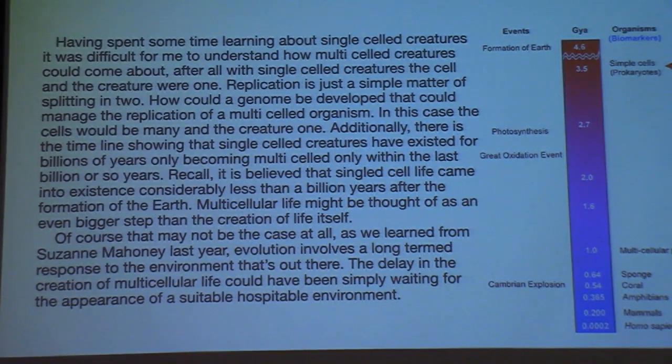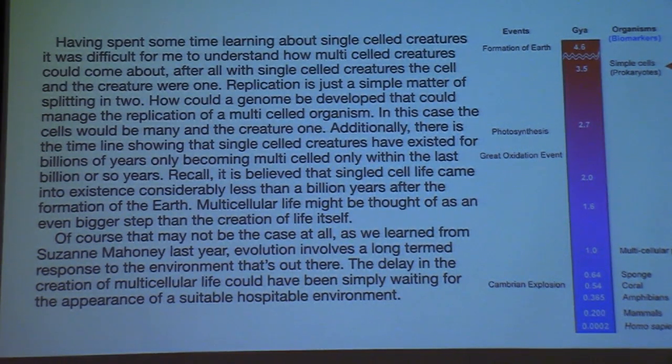That timeline that's shown on the right-hand side of the screen shows that simple cells came into existence in some life form well inside less than 1 billion years after the Earth was formed.